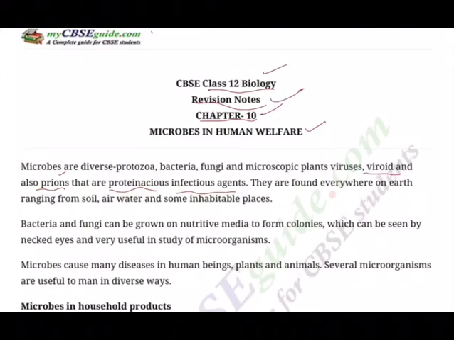Bacteria and fungi can be grown on nutritive medium to form colonies. You must have seen fungal colonies and bacterial colonies, which can be seen by naked eyes and are very useful in the study of microorganisms. Larger the colonies, it is a blessing in disguise for us. We can study about them.